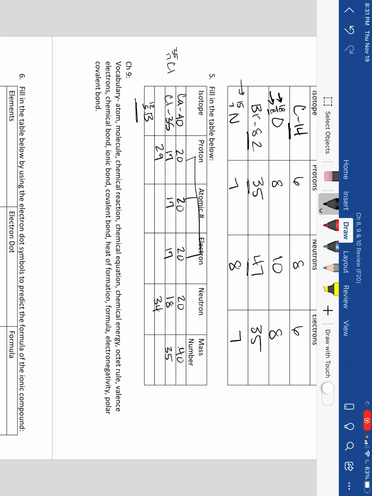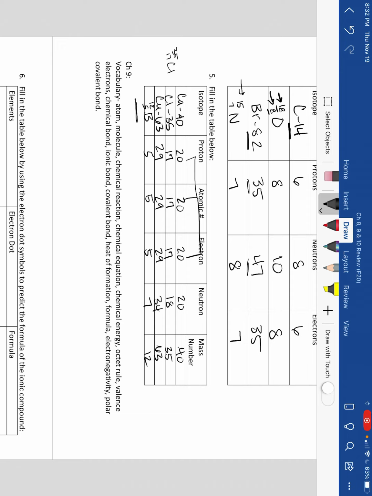Either way. And then let's see, 29 is copper. So fill in this stuff here. 29 plus 34 is 63. So Cu 63. Okay, this isotope that I gave, how many protons does it have? If you look at that bottom left number, it's 5. The amount of neutrons that it has, you take 12 minus 5, which is 7. And then the mass number is 12.